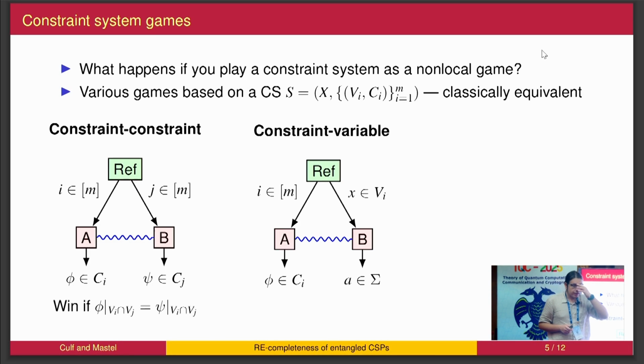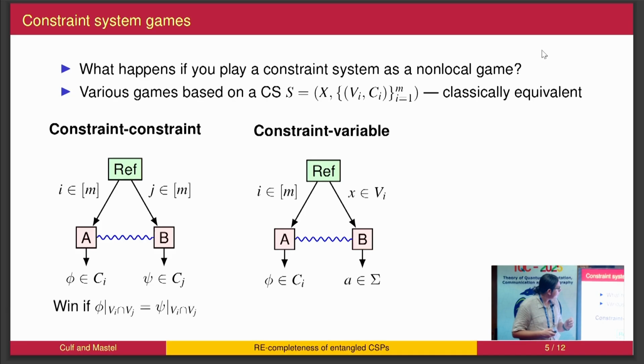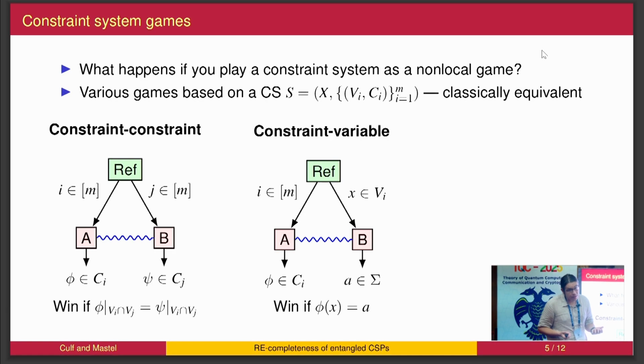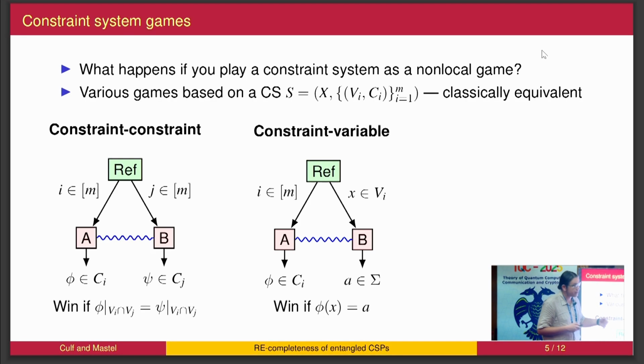And what the players respond with, the first player, Alice, responds with an assignment to all of the variables in the constraint that should be satisfying. And the second player, Bob, responds with a single assignment to his variable that he received. And the winning condition is again a consistency check. Alice's assignment, when restricted to the single variable that Bob received, should give exactly the same value as he gave.